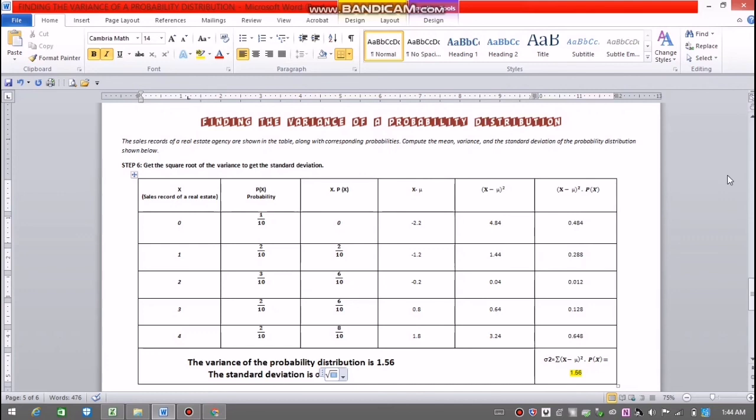For the sixth step, get the square root of the variance to get the standard deviation. A while ago, we already got the variance of the probability distribution, which is 1.56. So the standard deviation, sigma, is equal to the square root of 1.56.